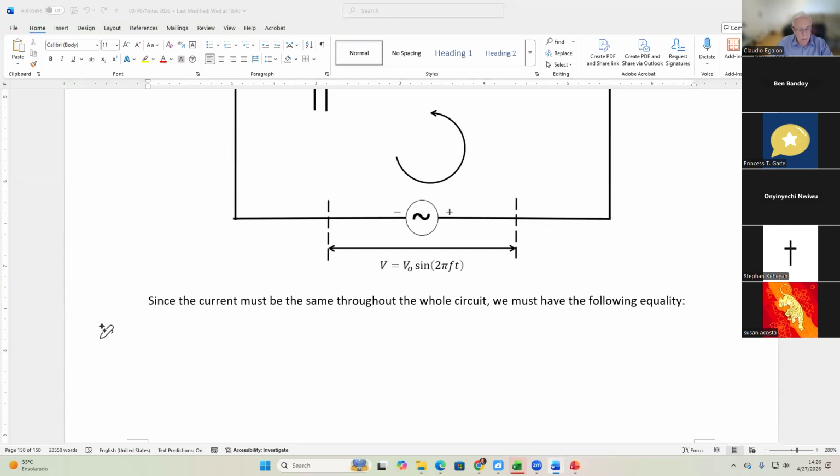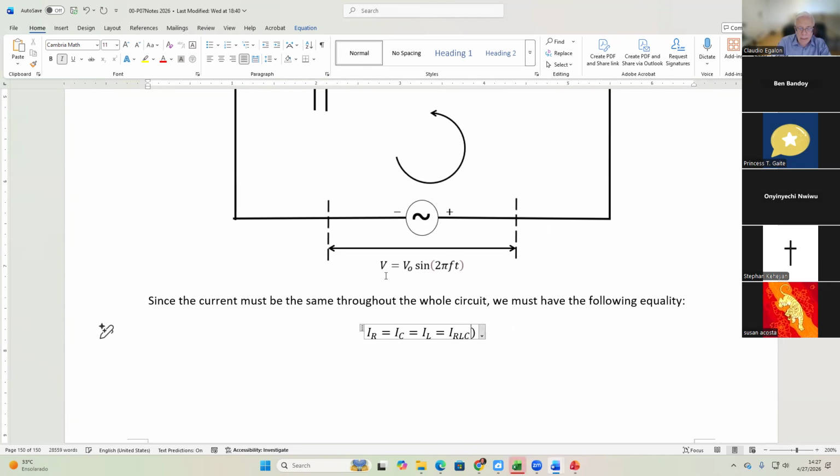The first one. Okay, let's see if we get it now. Yeah, it does. I sub R must be equal to I sub C, which must be equal to I sub L. And this one, I'm going to call it the current of the RLC circuit.